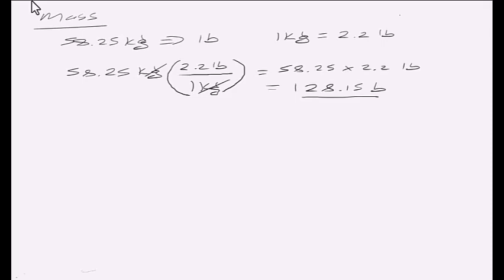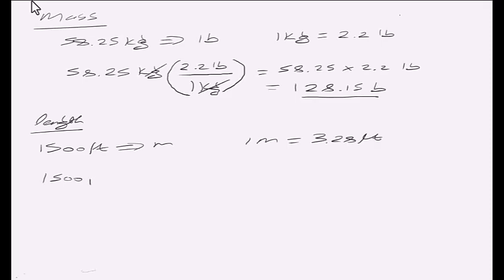Let's deal with another example, another one for length. Let's say we had 1500 feet and we want to know what this is in meters. We know that 1 meter is equal to 3.28 feet, and so 1500 feet times by our conversion, 1 meter is 3.28 feet.